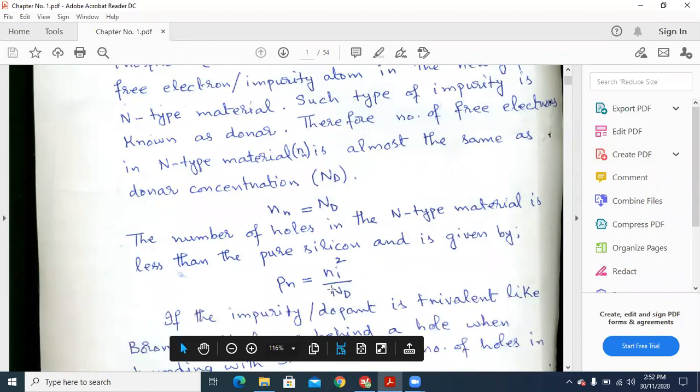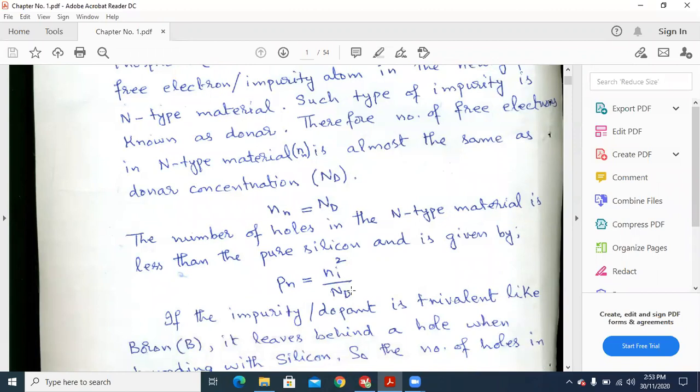If we have to calculate the number of holes in N-type material, that would be Ni squared by Nd. Nd is the donor concentration or the dopant concentration.